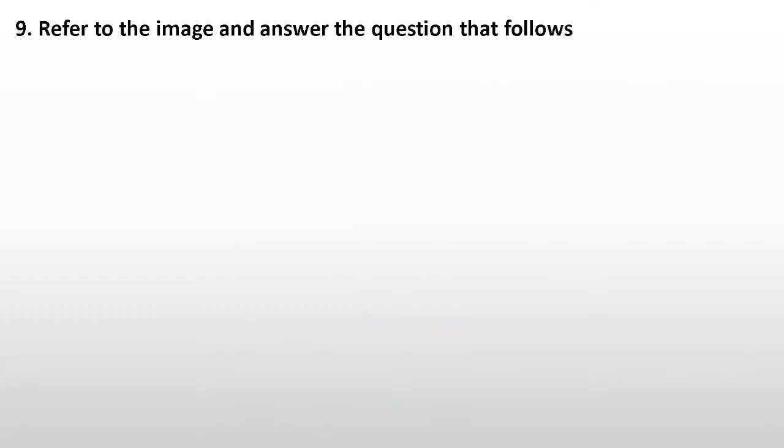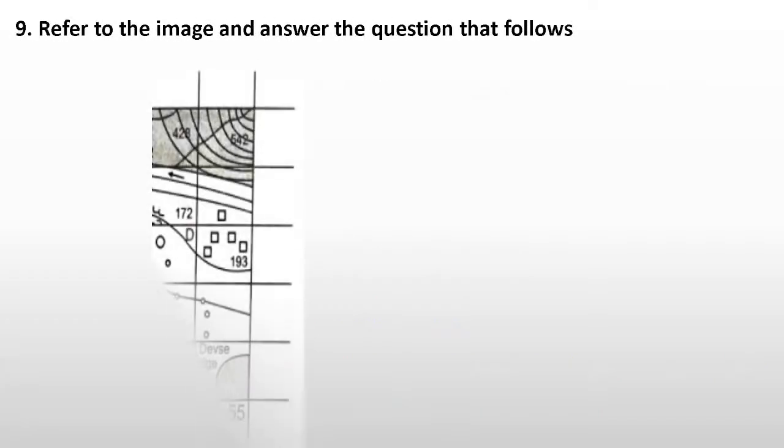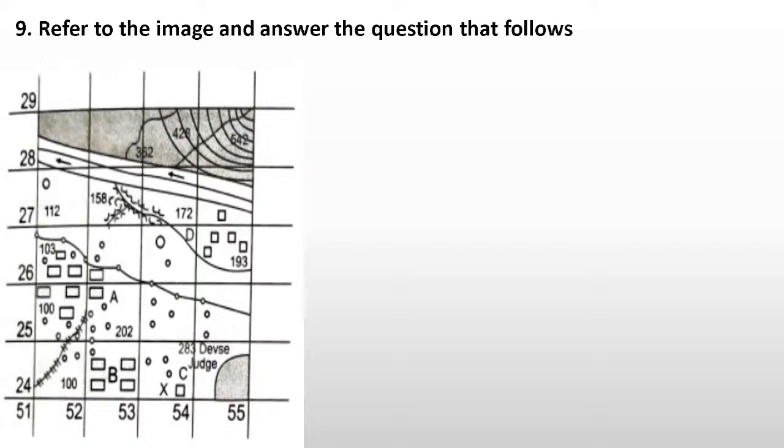We go ahead with question number 9. Refer to the image and answer the question. So look at this image properly. Question number 9 is asking you, what is the general slope of the land?